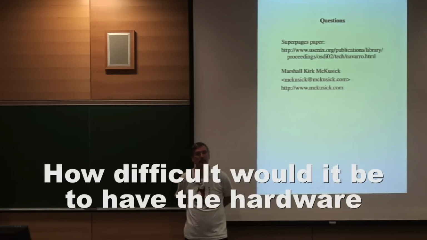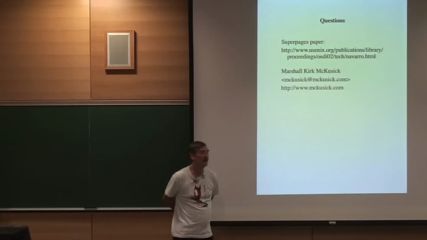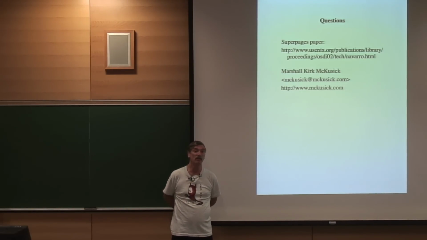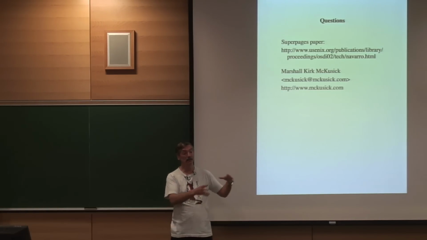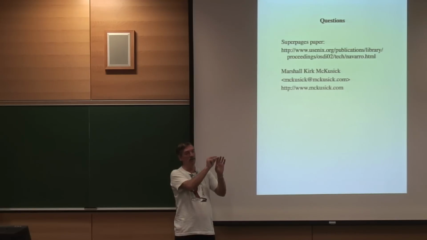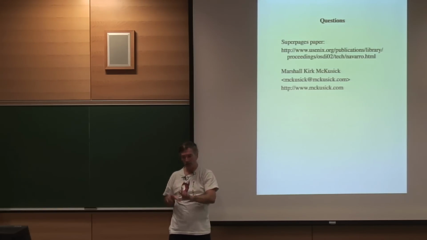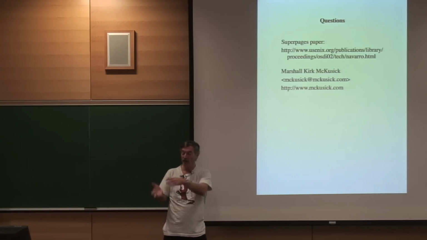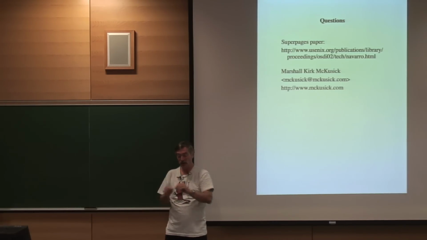Can you comment on the hardware requirements to make more bits available for tracking which subsets of the superpage have been used? A lot of it depends on how they choose to implement the superpages. In the case of the 386 architecture, I showed just a one-level page table, but there's actually several levels. The top level points to a page, each entry of which points to a page, which points to a set of pages. All they do is remove that last level of indirection. So what would be an entire page just turns into an entry one level higher.